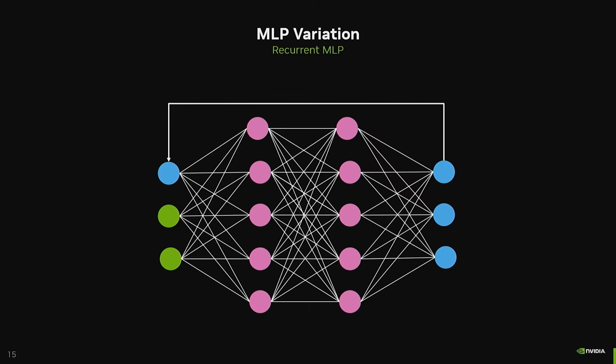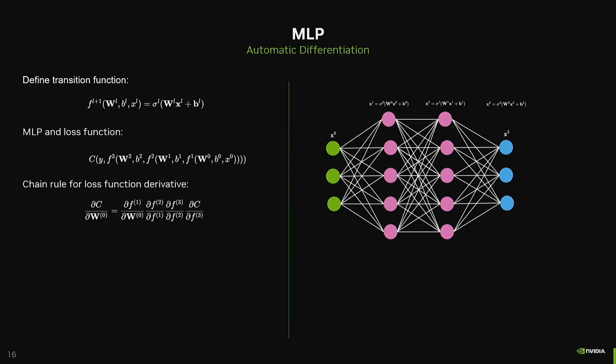It's very hard to implement that algorithm every time we change the configuration of the neural network. That's where Slang is very helpful, because it has automatic differentiation built in.